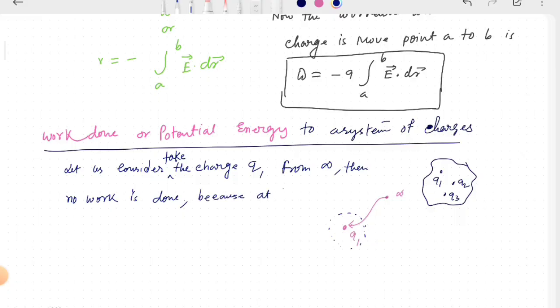So there is no work done, because at that point the electric field is 0, due to the lack of presence of charges at that point.